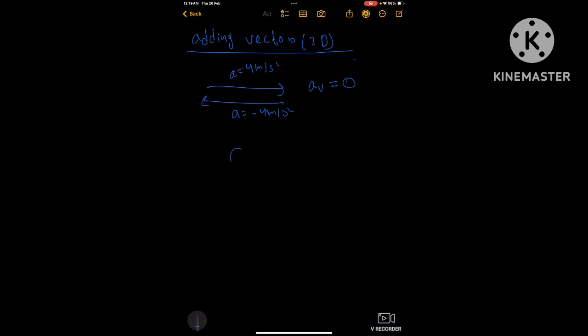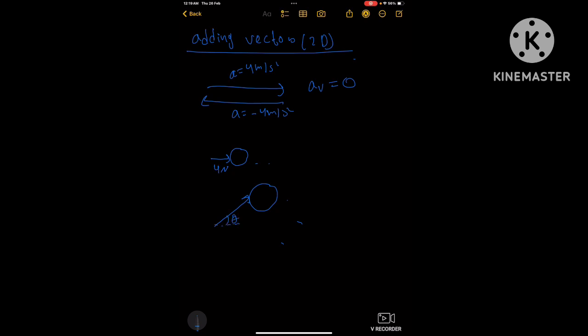Suppose this is a ball and I push the ball with a force of 4 newtons and the ball starts to move. This was in the linear direction. In this video, we're going to talk about 2D motion. So instead of hitting it straight to the right, let's hit it at an angle to the horizontal.